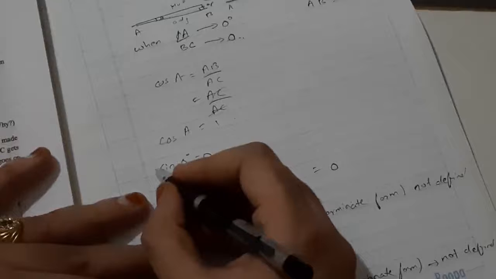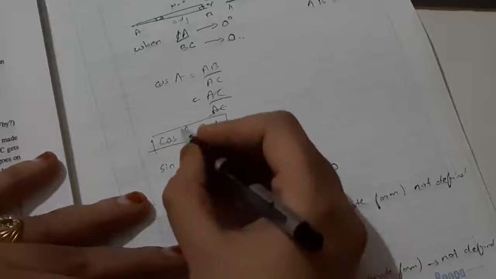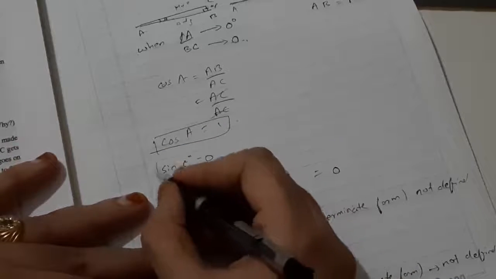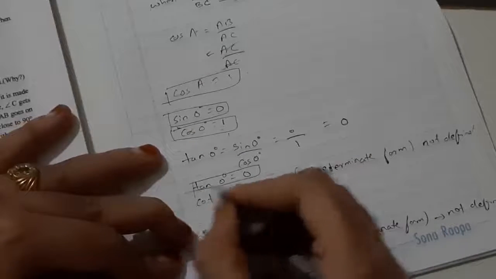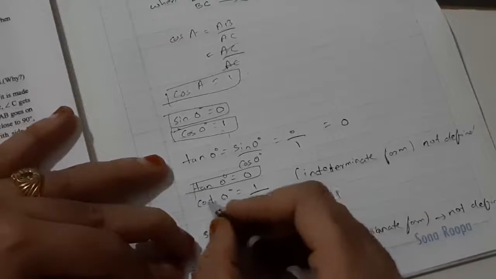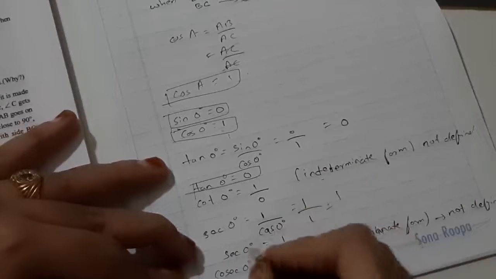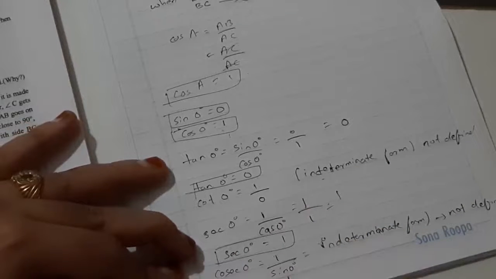So it is also indeterminate form, so it is not defined. So you have all the values of the trigonometric ratios. Cot is not defined, sec 0 is 1, and cosec is also not defined. We will write it in the chart later.